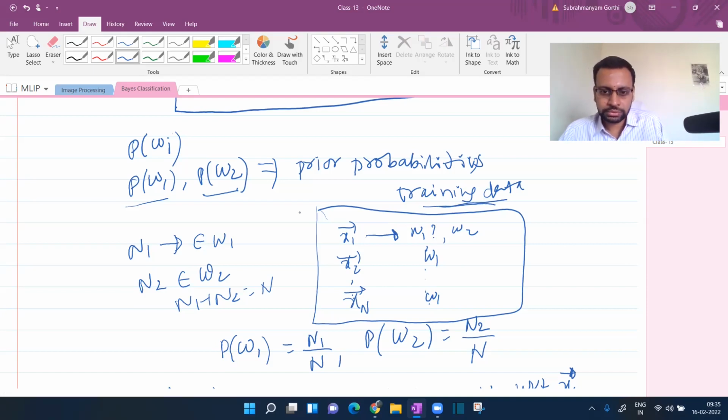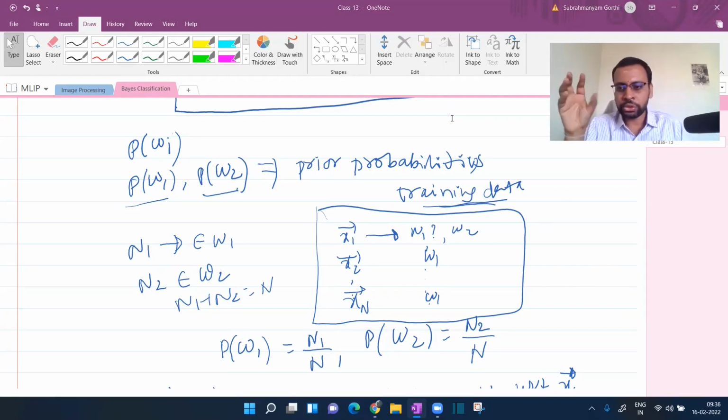So mu for omega 1 can be calculated by the summation of all xi vectors belonging to omega 1 divided by n1. Similarly for omega 2, the summation of all xi vectors belonging to omega 2 divided by n2. That's all. You pick all those samples that belong to omega 1 and compute the mean value of it.